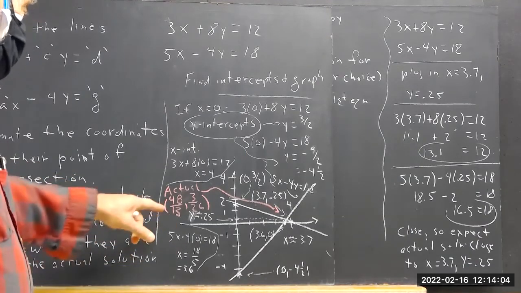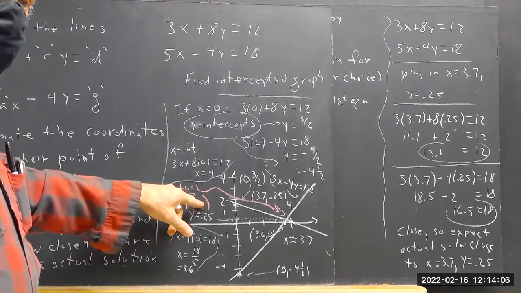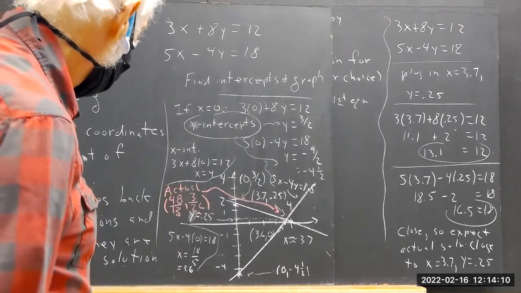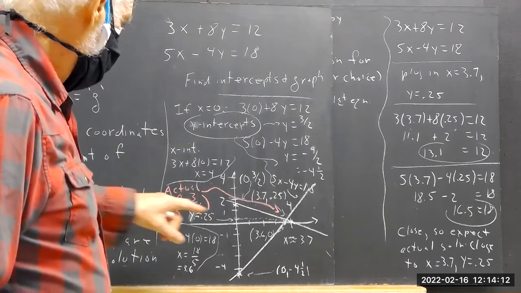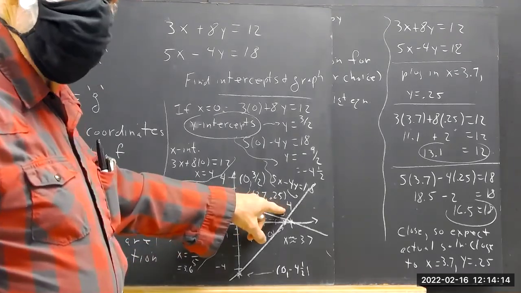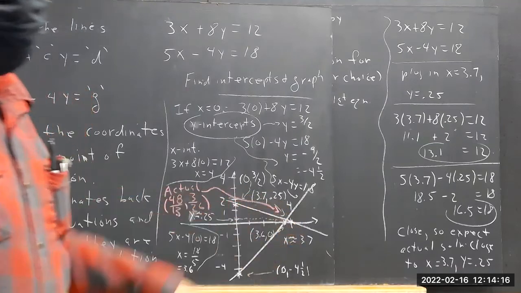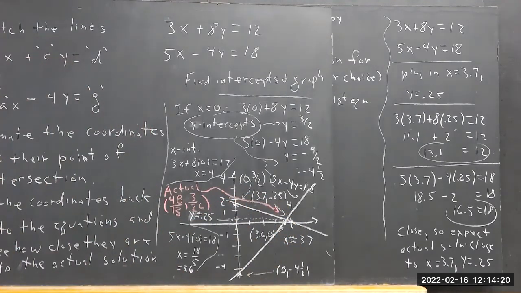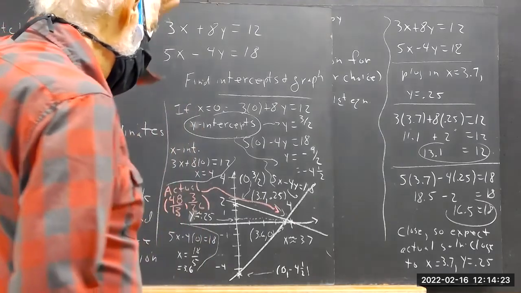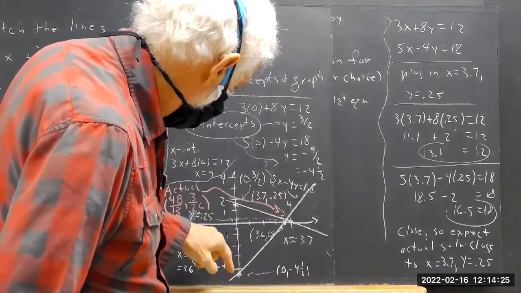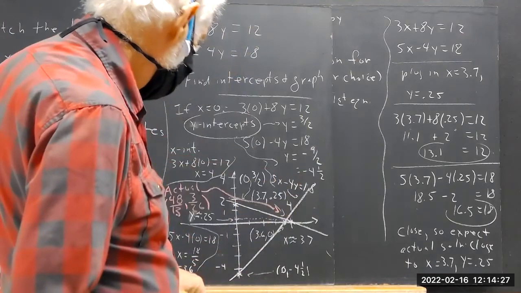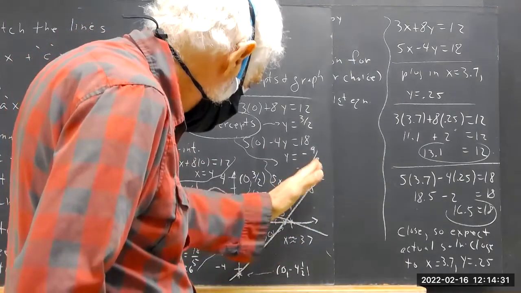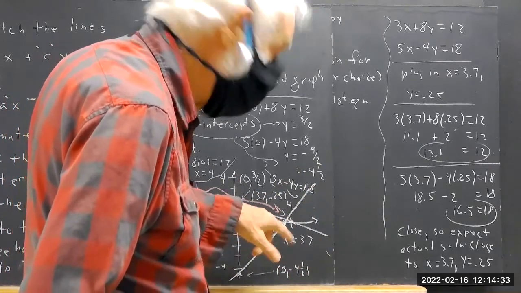And in decimal form, that is about 3.7, 0.12. I have room to write that in. You can compare that with 3.7, 0.25 and see that wasn't too bad of an estimate. Okay. This line came out just a little high. And this line came out just a little high. See, this line kind of curves up, and this line has a little wobble in it.